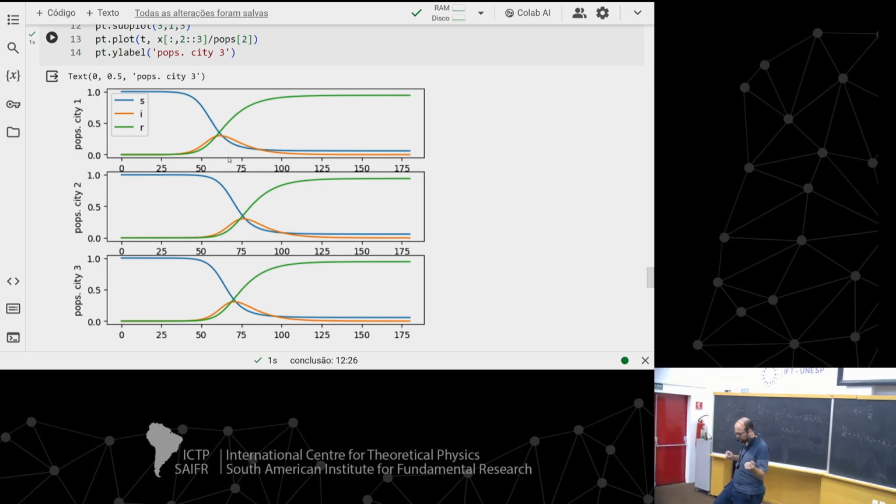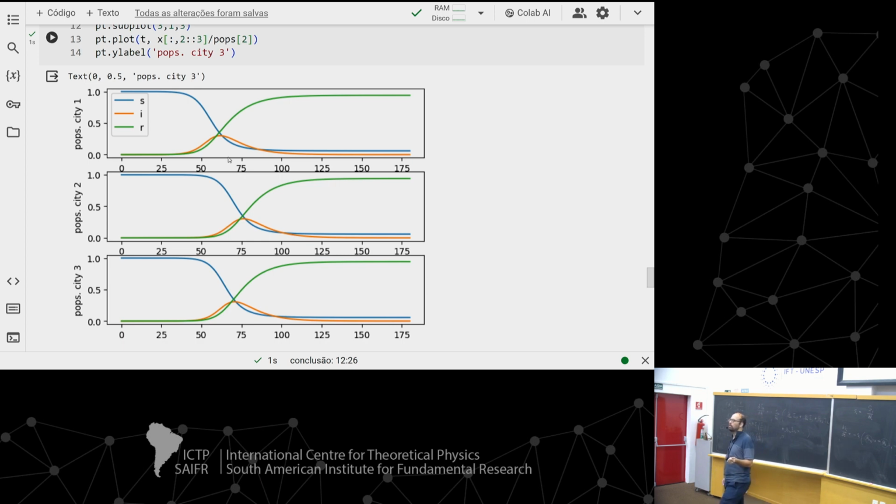The point is, sometimes you don't want to do this. If you want to really account for the time it takes for the disease to arrive in other cities in a more rigorous way, your continuous models don't work so well. So this is when you go for stochastic models.